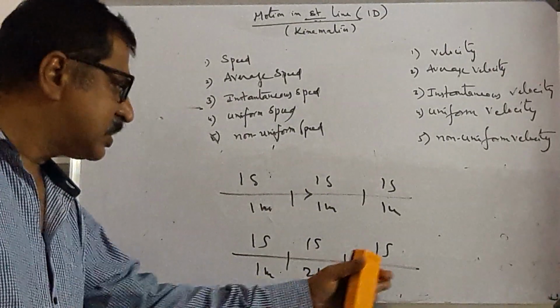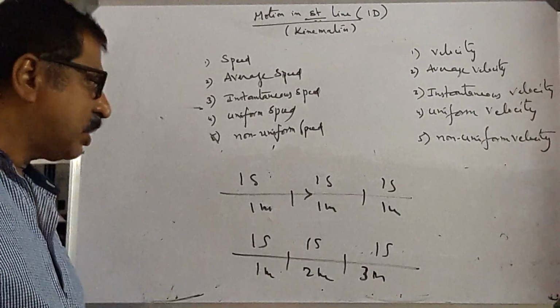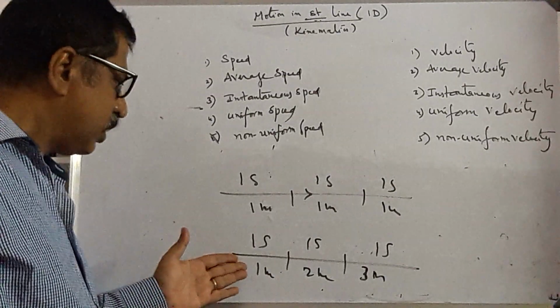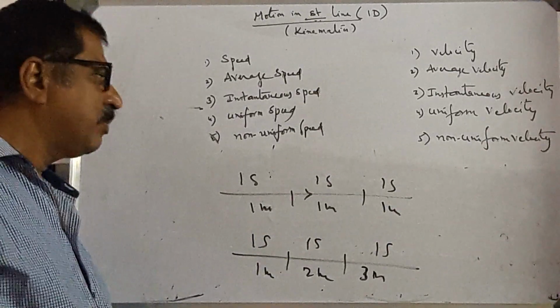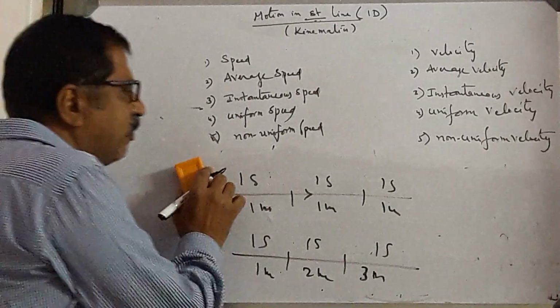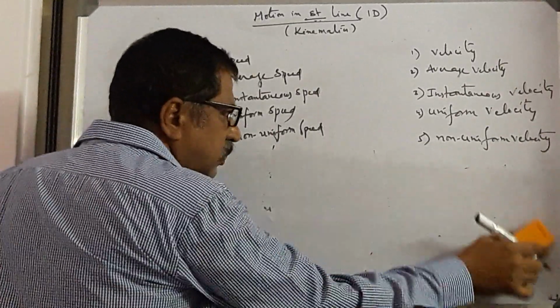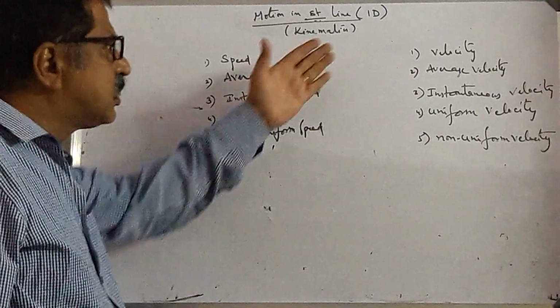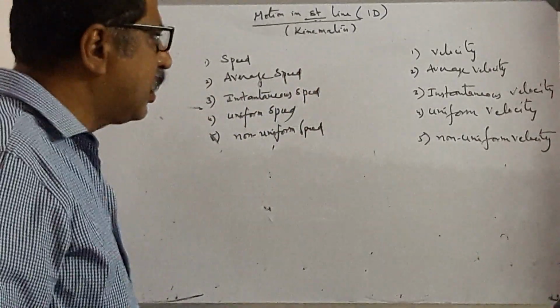If the body covers unequal displacements, not distances, in equal intervals of time, then the body is said to be moving with a non-uniform velocity. This is about velocity, average velocity, instantaneous velocity, uniform velocity, and non-uniform velocity.